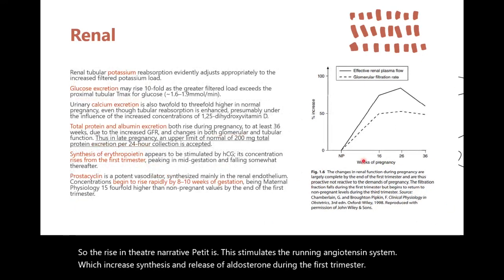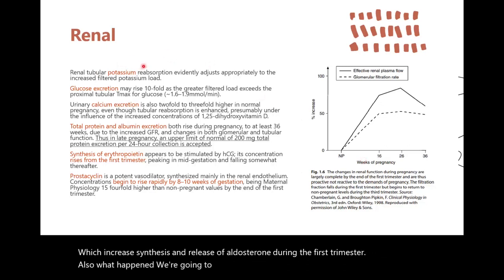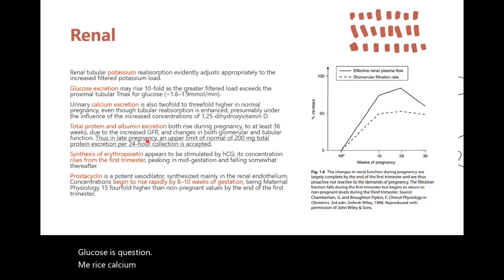Also, we're going to have a reabsorption of potassium, and glucose excretion may rise, calcium excretion too, and protein and albumin excretion also will rise. We're going to have elevation of the synthesis of erythropoietin. Maybe that's stimulated by the human chorionic gonadotropin.